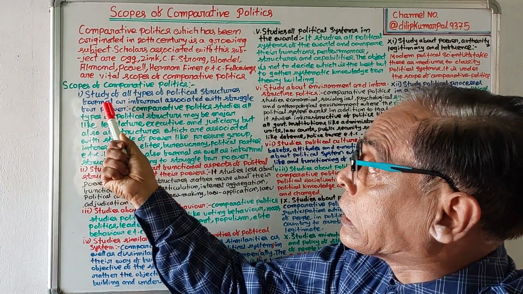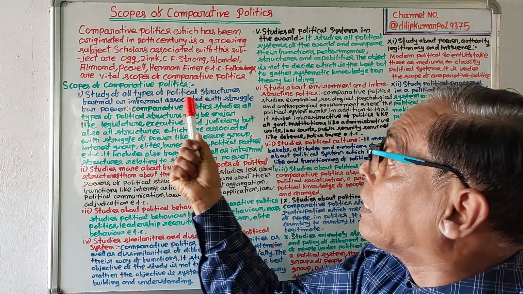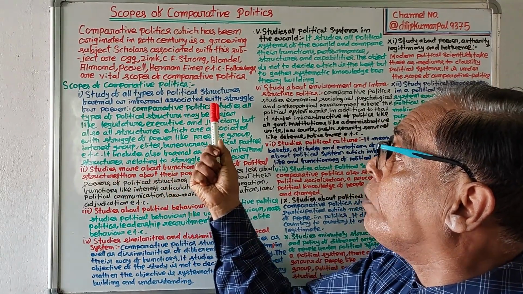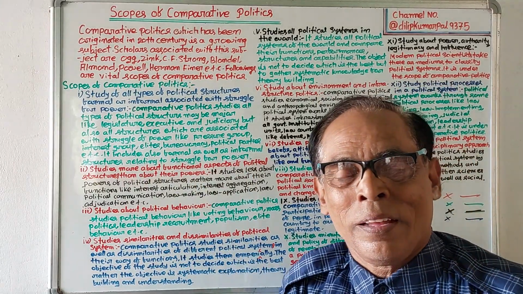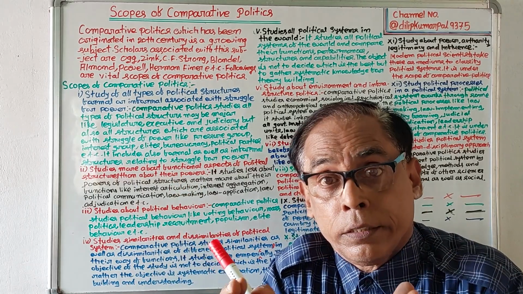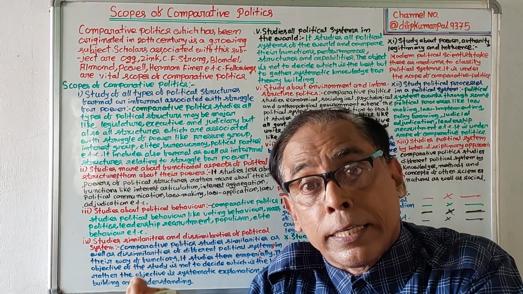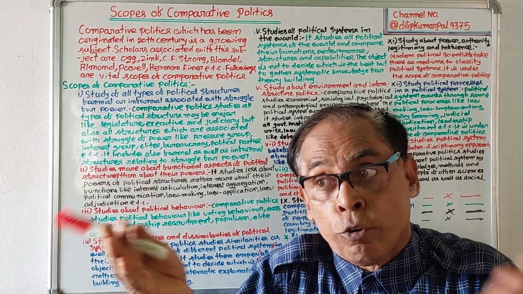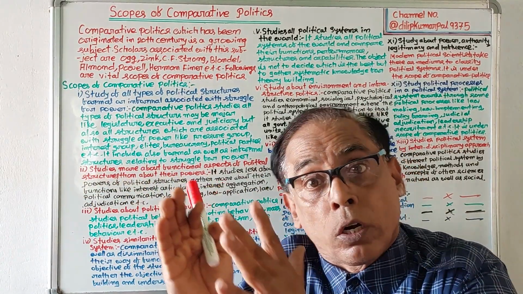Number one, study of all types of political structures, formal or informal, associated with the struggle for power. The first scope of comparative politics is that it gives knowledge about all political structures, formal or informal, which are associated with the struggle for power.